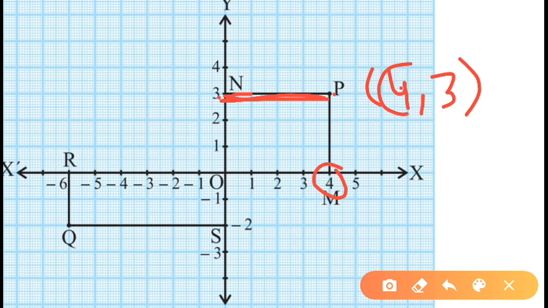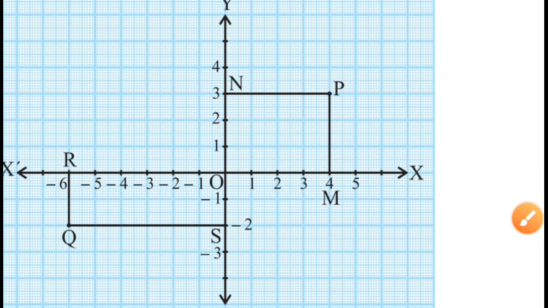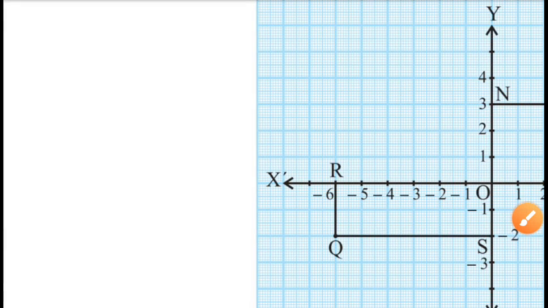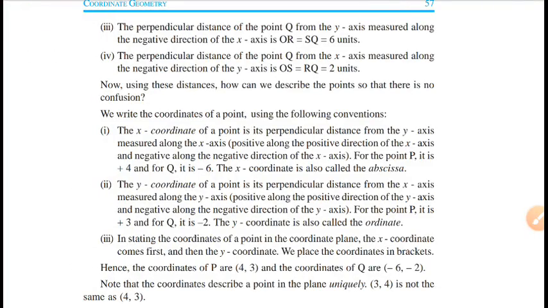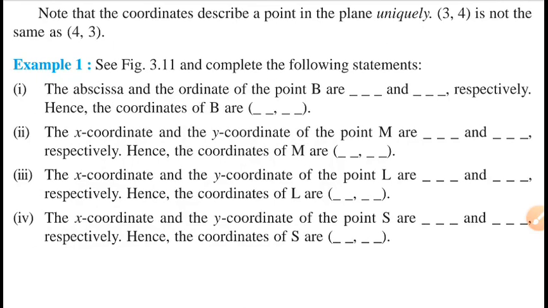And this is your abscissa, whereas the perpendicular distance of point P from the x-axis is 3. This is your ordinate. Okay, so I'm explaining it again, abscissa and ordinate.